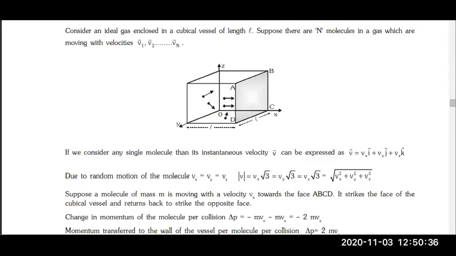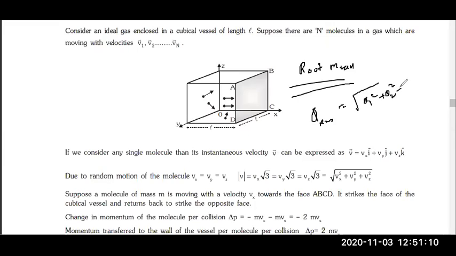Now, suppose when you talk about any molecule, any molecule can travel in any of the directions X, Y, Z. And root mean is not a term just for velocity. Root mean is a term which is just like average or most probable, for any physical quantity. Suppose I'm having physical quantity Q. So for physical quantity Q, its RMS is equal to root of Q1 square plus Q2 square plus Q3 square.